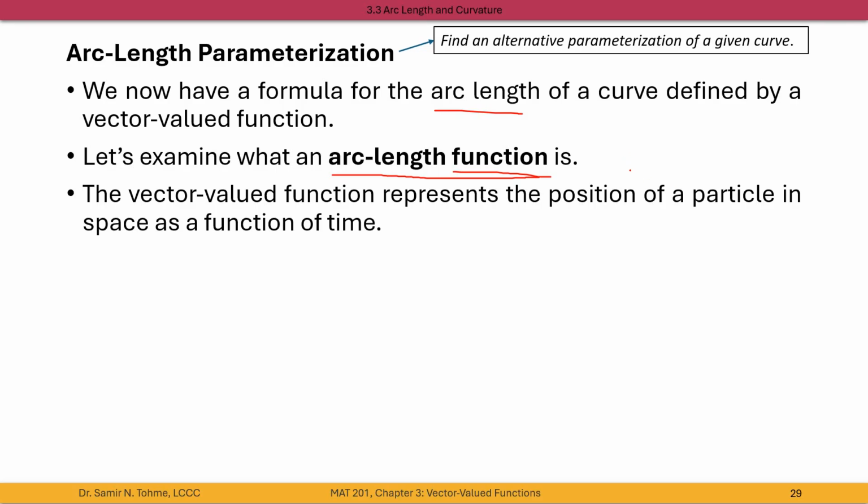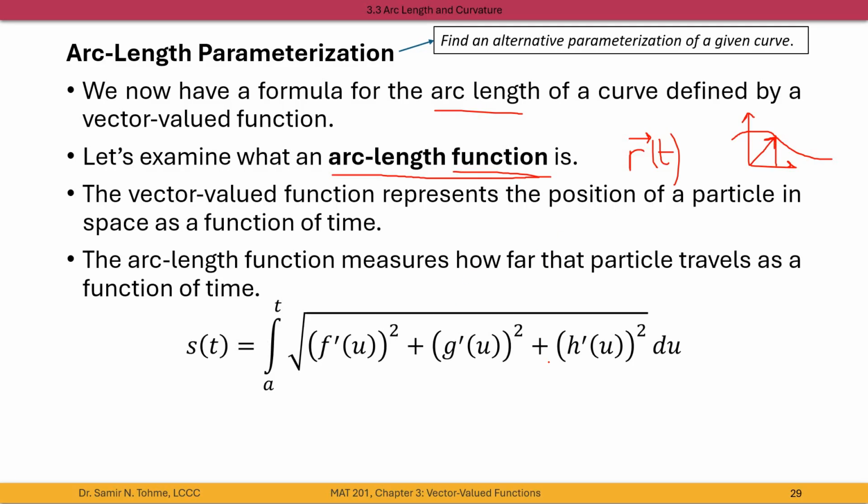So if we have a vector function r of t, this will give you the position of this vector function in space for a given path, because this vector function represents a path. At a given t, you will have a vector function pointing at this point on the curve.